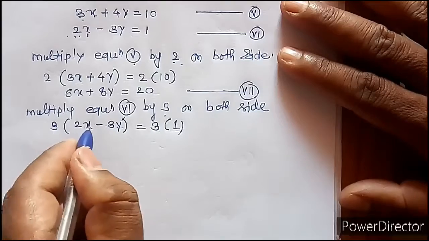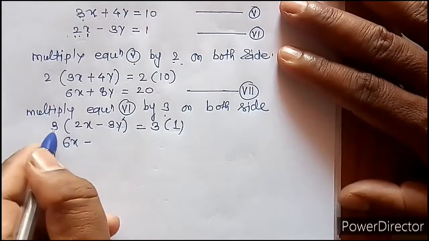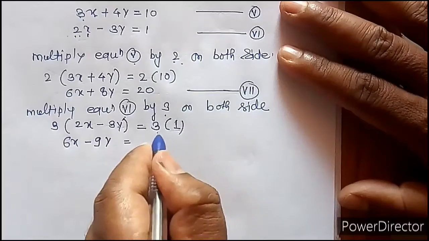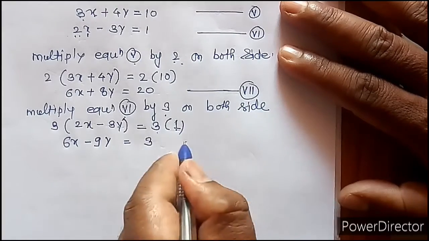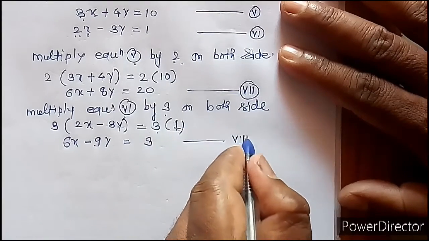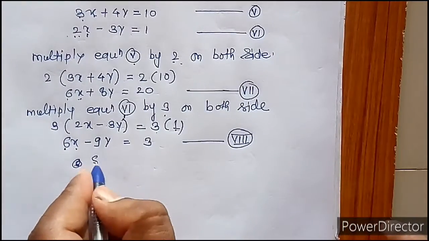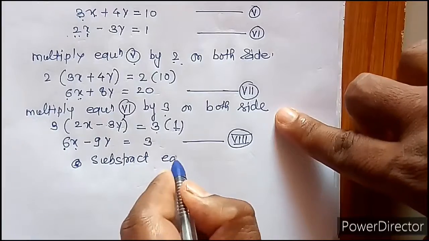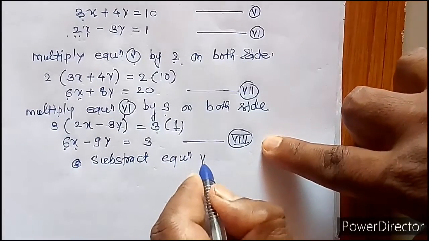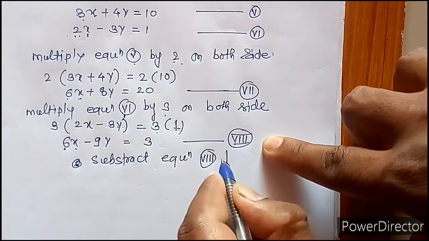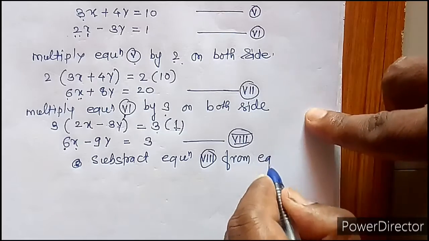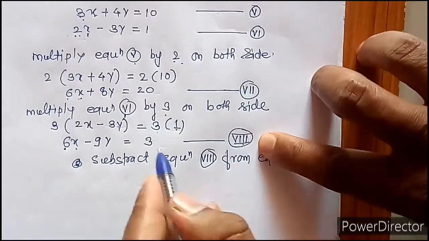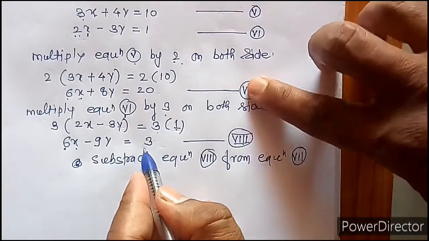Here 3 into 2x is 6x, minus 3 into 3y is 9y, equals 3 into 1, that is 3. We get a new equation, give it number 8. Now subtract the 8th equation from equation 7.